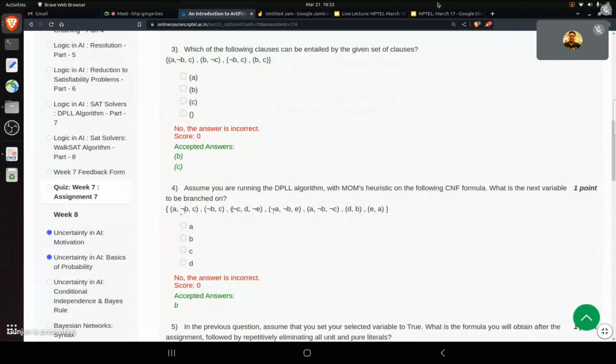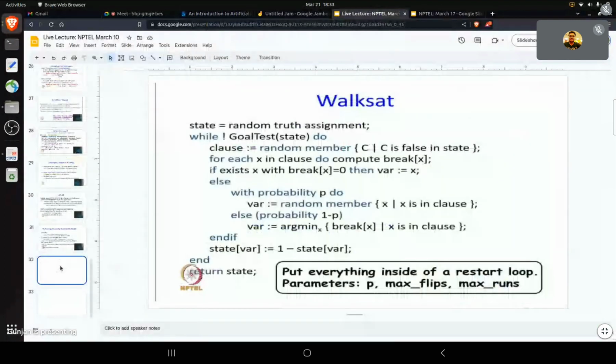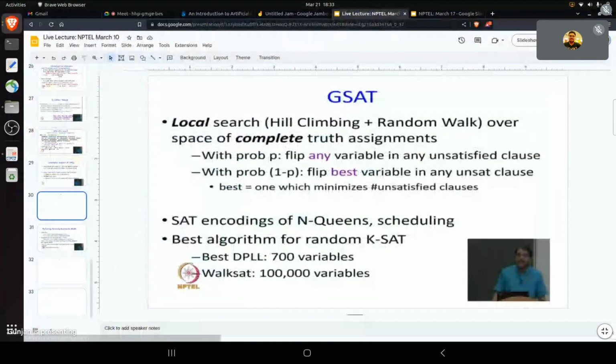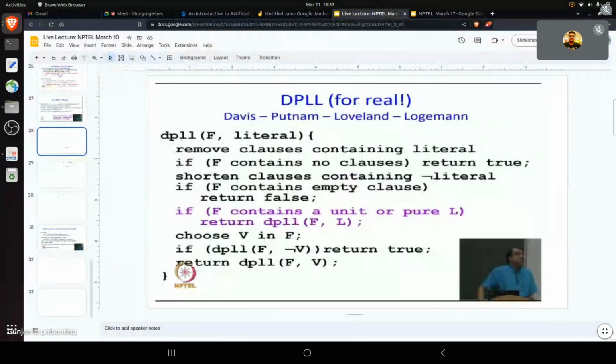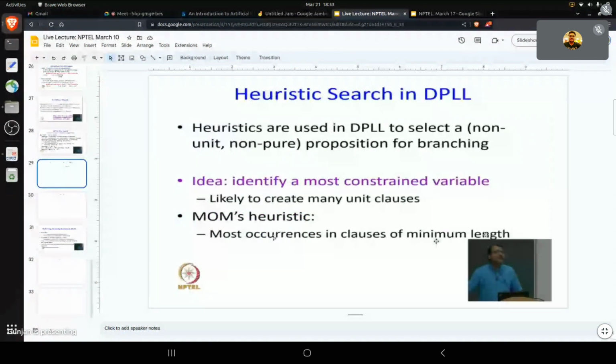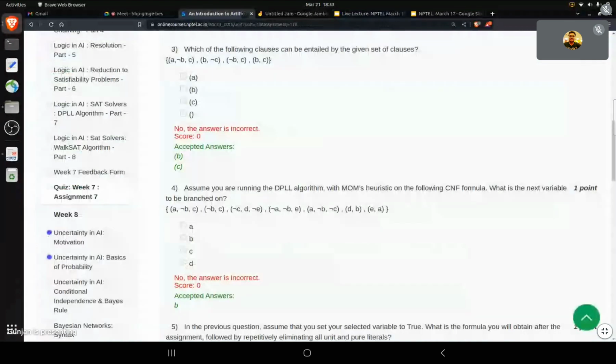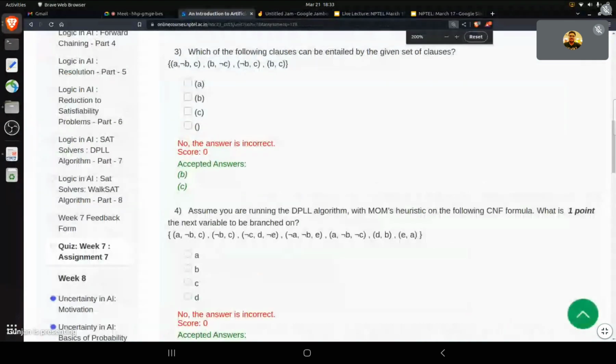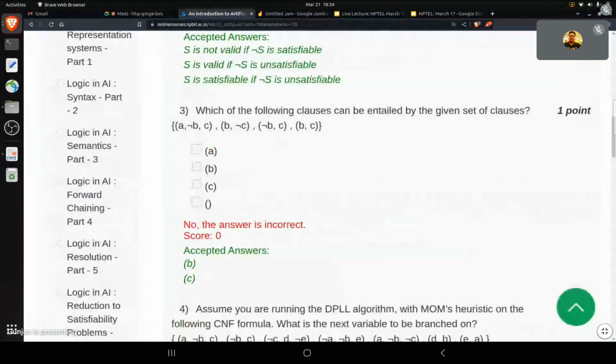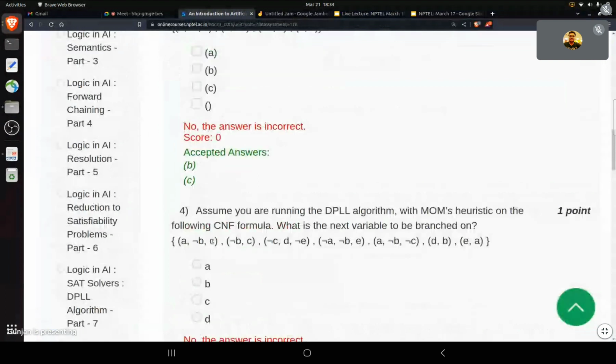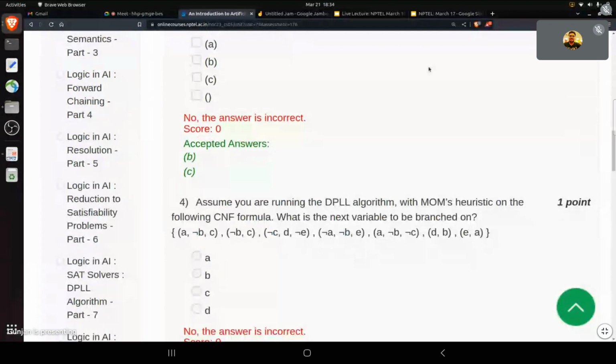So for MOM's heuristic, we pick the variable with the most occurrences in the clauses of minimum length. Of these clauses, A comma not B comma C, not B comma C, not C comma D comma E, first of all, what is the minimum length clause?